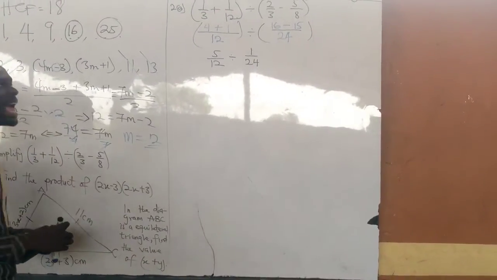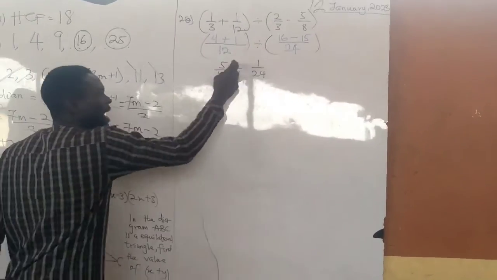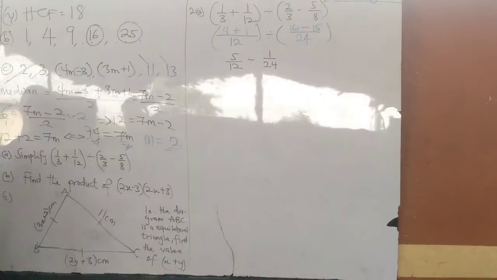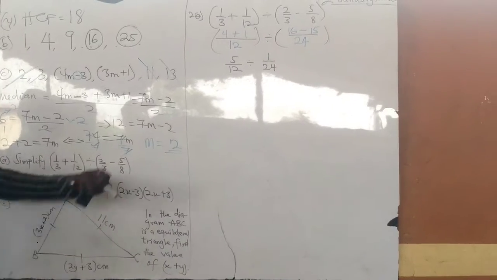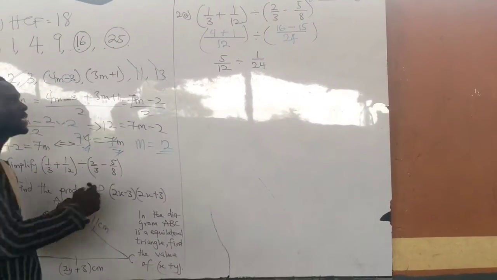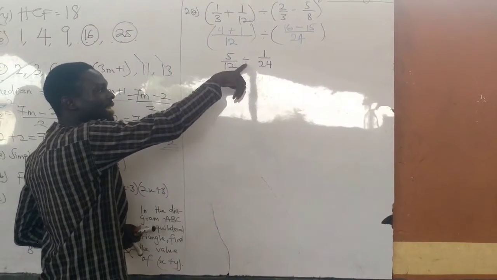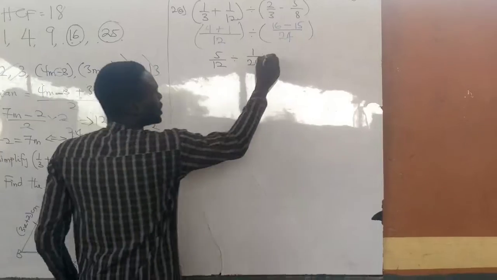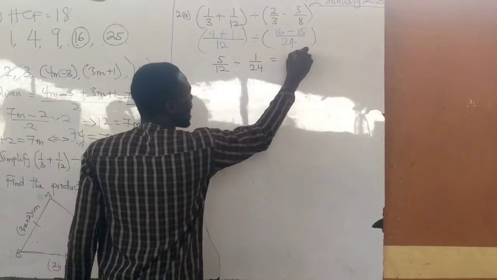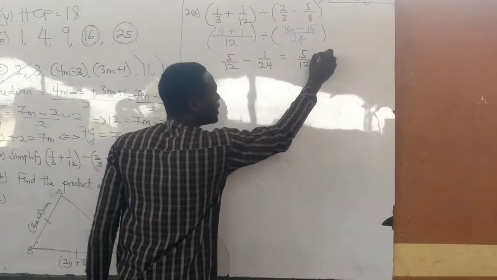So now we've cleared the brackets. We are now having 2 terms. And the sign in between is division. What do we do when we are dividing fractions? We are going to change the division sign to multiplication. So we have 5 over 12, you change this sign to multiplication.